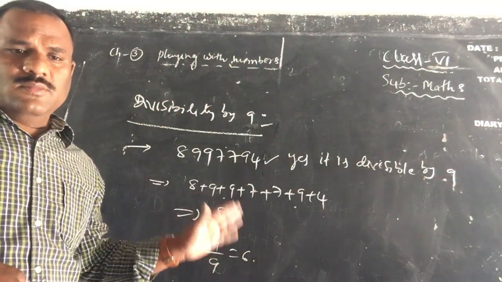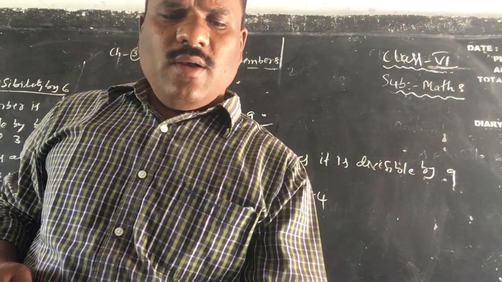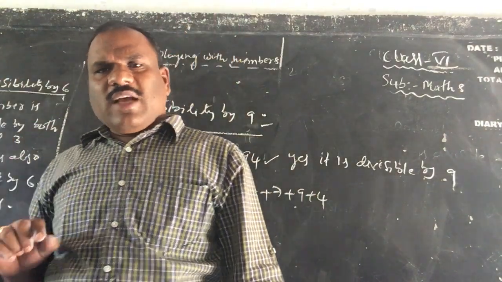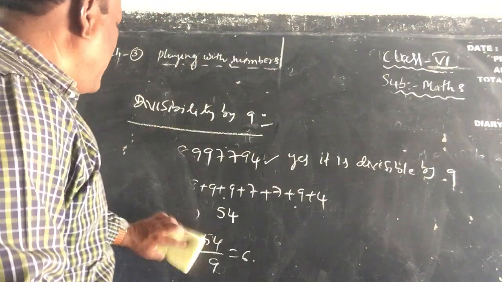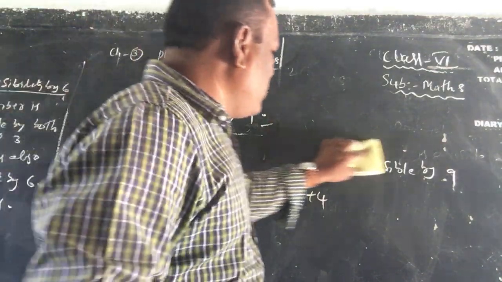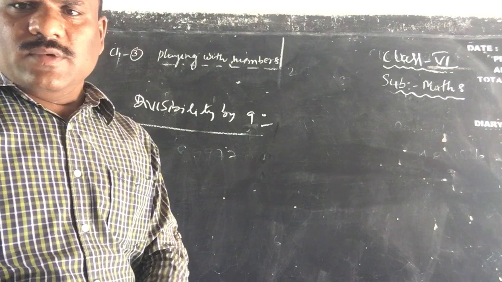Take one more example, children. Check whether the number 786 is divisible by 9 or not.